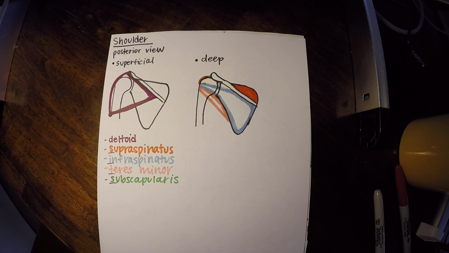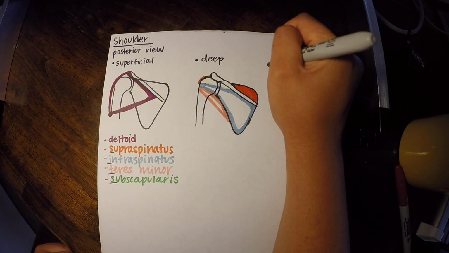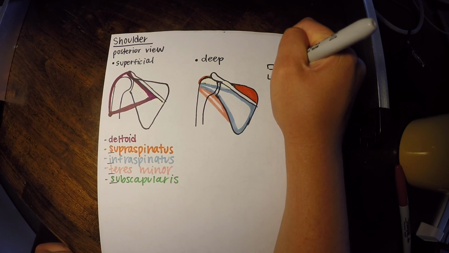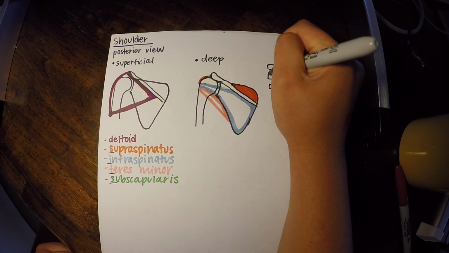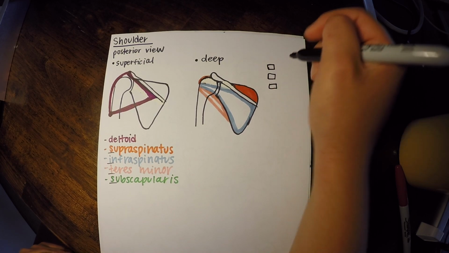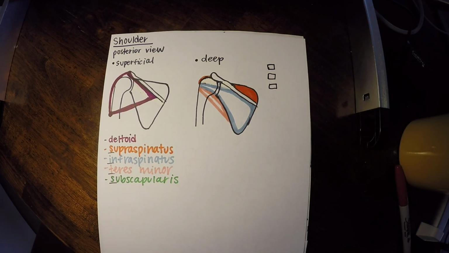Let's add one more muscle into this posterior view, or actually 2 more. What I'm going to do is add in a little spine here, just like little vertebral segments, just to simplify it. And our levator scapulae is a muscle that's going to attach from our spine to our scapula.